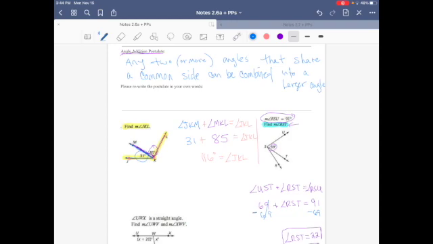So it basically says any two or more angles that share a common side can be combined into a larger angle. So that's what we've been doing. Two smaller angles, when we combine them, so we're adding them together, that's going to equal this larger angle here.